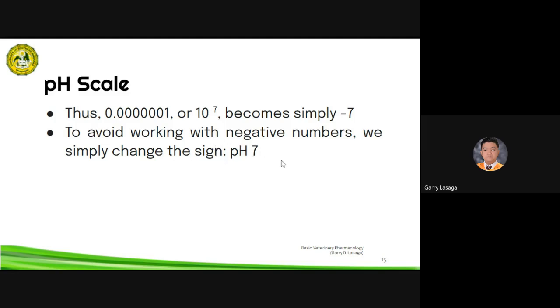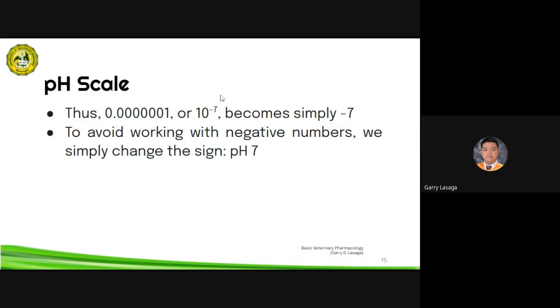So for example, a pH of 7, which is the neutral pH in our pH scale, would mean that the concentration of hydrogen ions in our solution is this number. This number is less than 1, so this is a very small number.